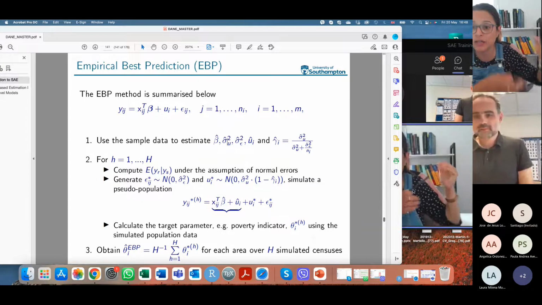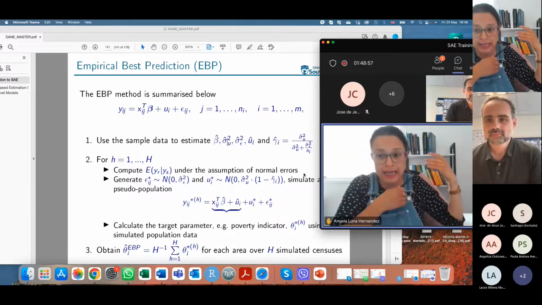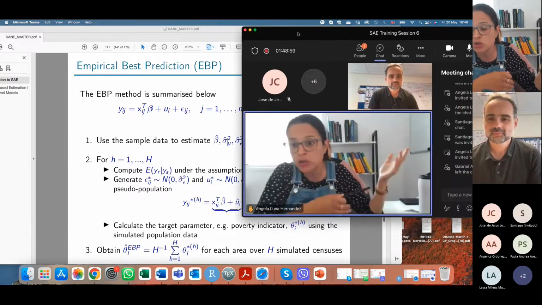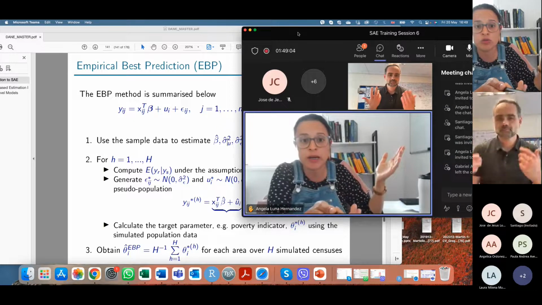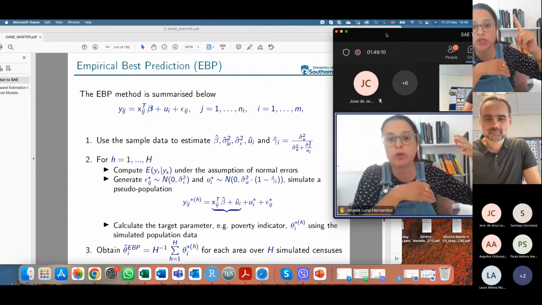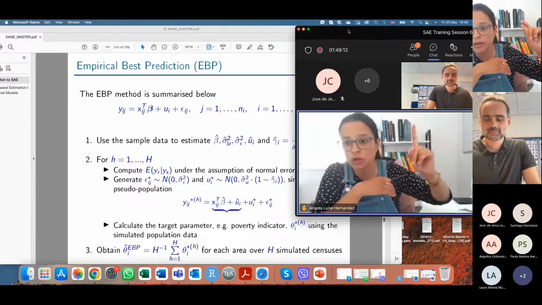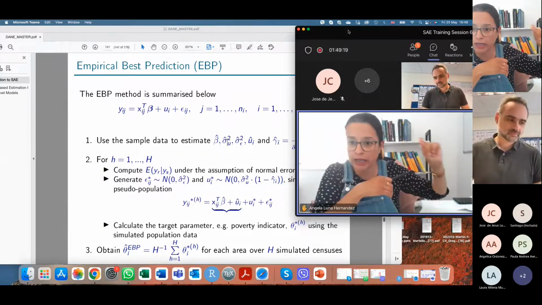So instead of resampling residuals, you're going to have 1,000 areas. So I'm going to generate 1,000 observations from a normal distribution with mean 0 and variance sigma_u squared hat times 1 minus the shrinkage factor of that particular area. You generate one observation from that distribution, and that is going to be the residual, the u_i star, that you're allocating to that particular area.